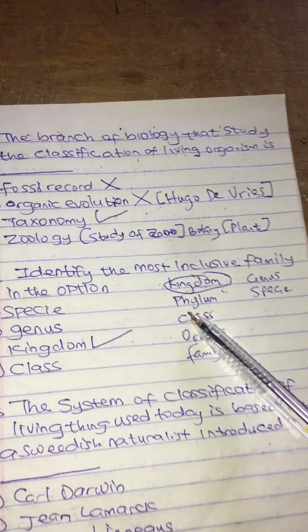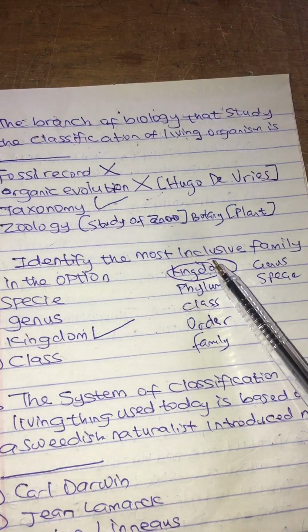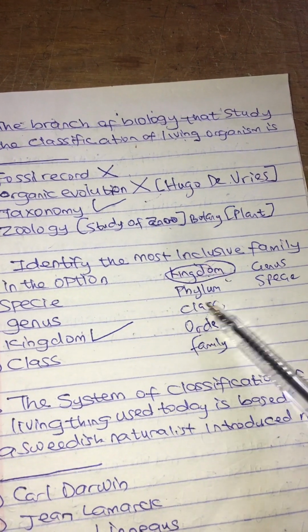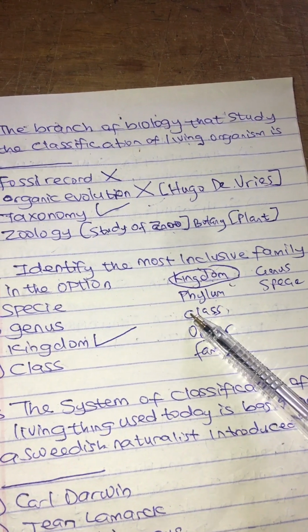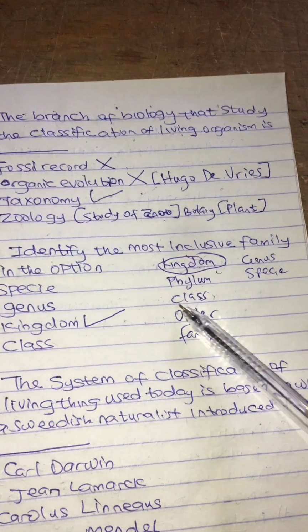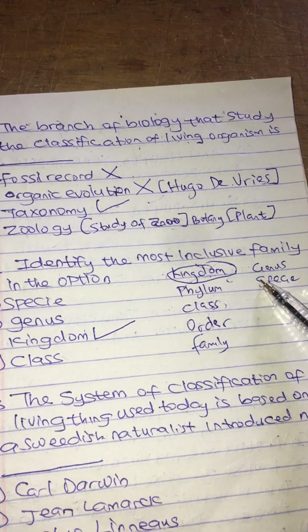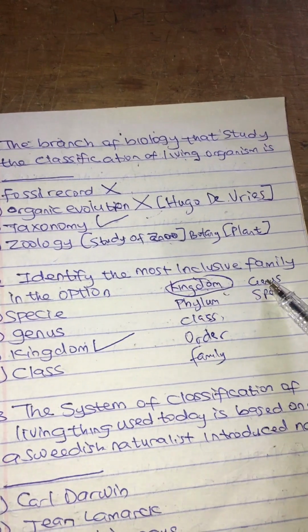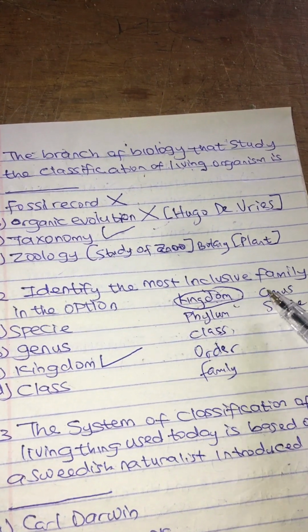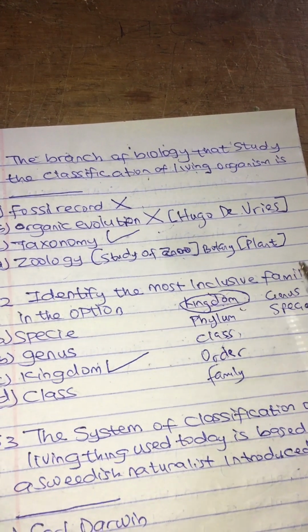Phylum is out here, so assuming kingdom is not in the options, we are going to go for class. I hope you understand now. And assuming class is not in the options, we are going to go for genus. I hope with the way I explain now, you should know better about the most inclusive family.